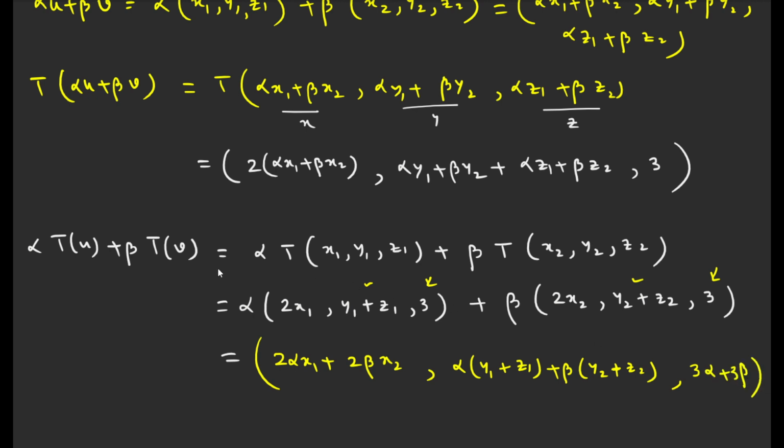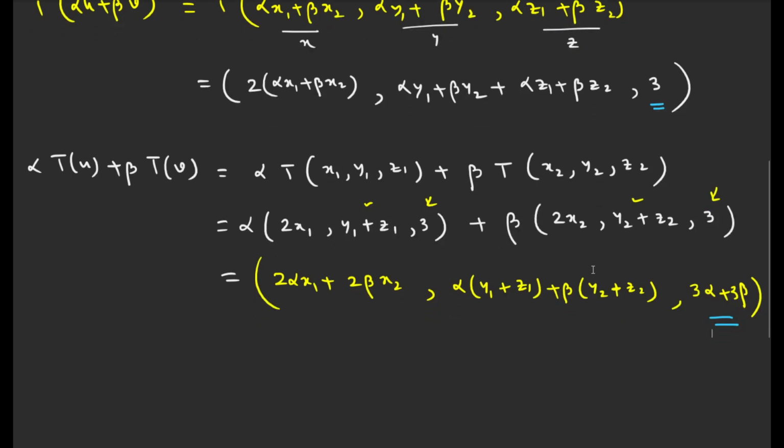Now if you observe, when you find T of alpha u plus beta v, the last element is 3. And here the last element is different. So that means it's not a linear transformation.